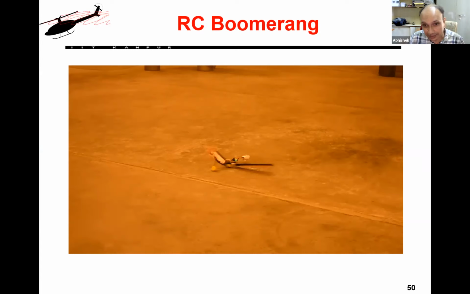Interestingly, he was a faculty of the IIT Kanpur Mechanical Engineering Department. Professor Ishan Sharma was also taught dynamics by Professor Amitabh Ghosh, and I guess Professor Ishan Sharma also did some BTech projects with him. That's a separate story. In that particular course, the project wanted groups to make these boomerangs. How many of you are familiar with boomerangs?